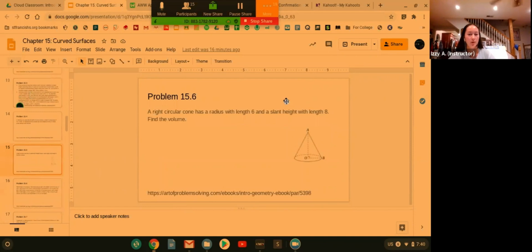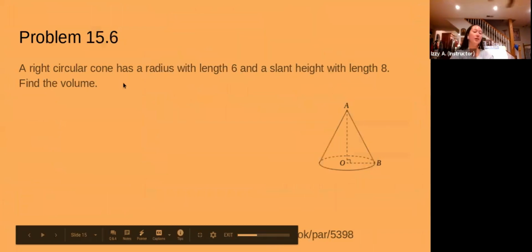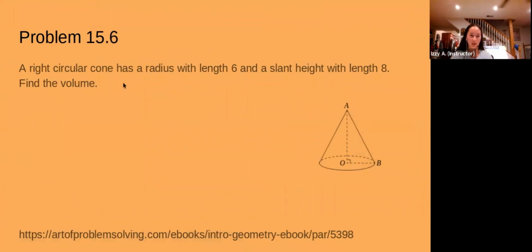Okay, so next we have this problem. A right circular cone has a radius with a length 6 and a slant height with a length 8. And you want to find the volume.